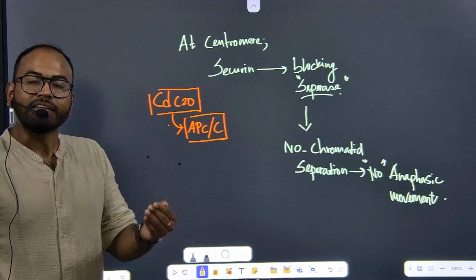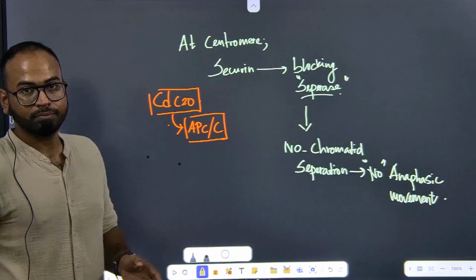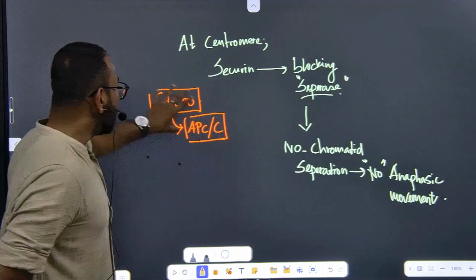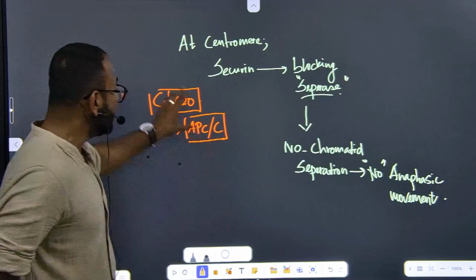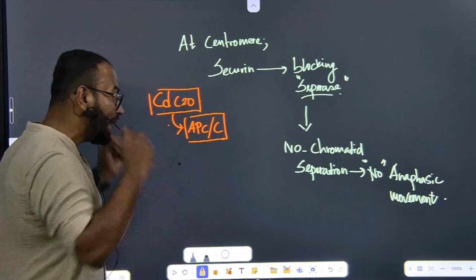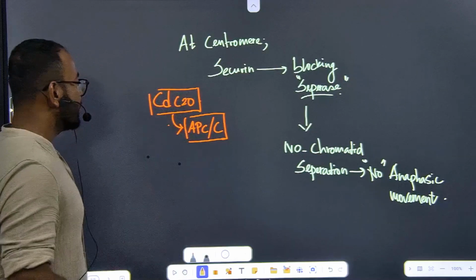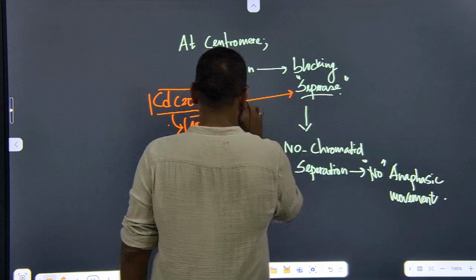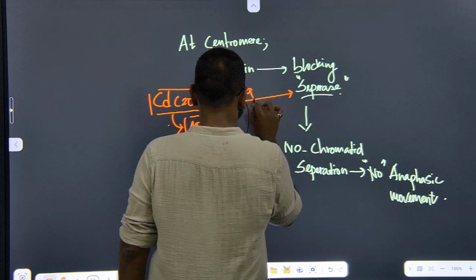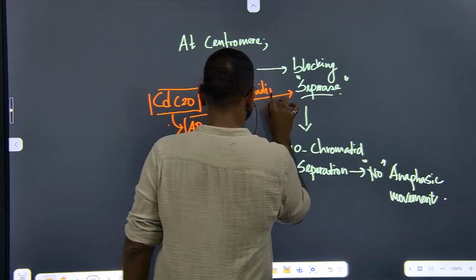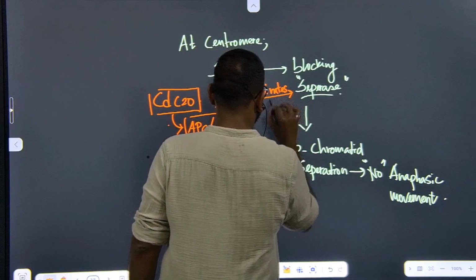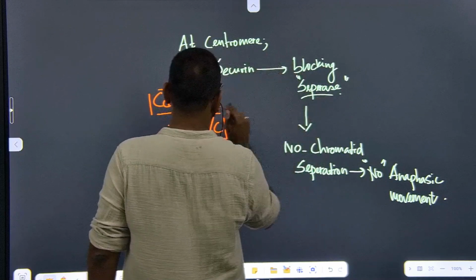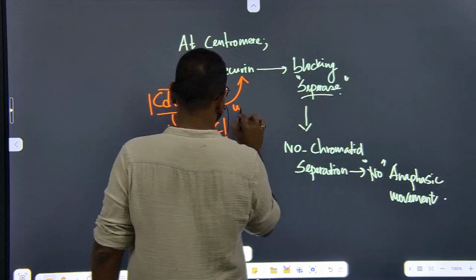So, after the activity of CDH1, the next thing APC by C does, it combines with the CDC20 complex, and by binding with the CDC20, it ubiquitinates our securin.